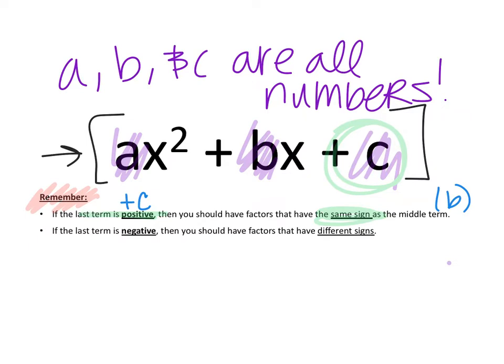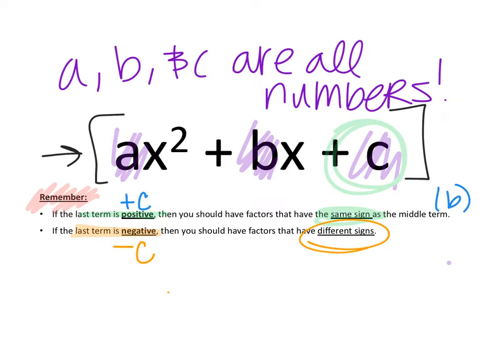If our last term is negative, so if we have a negative c, then we should have different signs inside our parentheses. So we should alternate a positive and a negative.